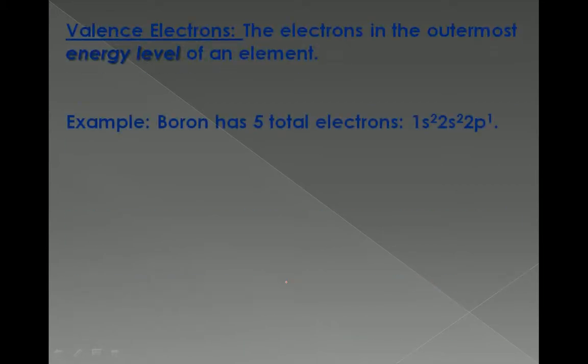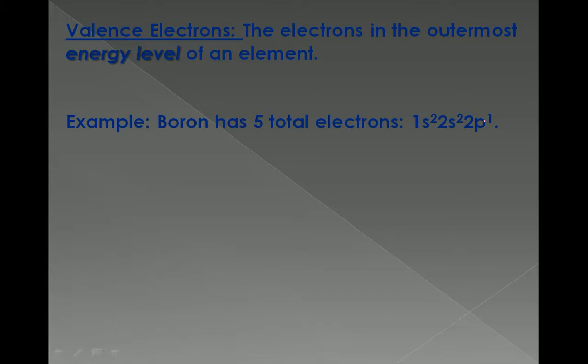So we did an example here. Here's boron. Boron is number 5 on the periodic table, so a neutral atom of boron has 5 electrons. I've done the electron configuration for you. When you add up all the powers, 2 plus 2 plus 1, that gives the total of 5 electrons.